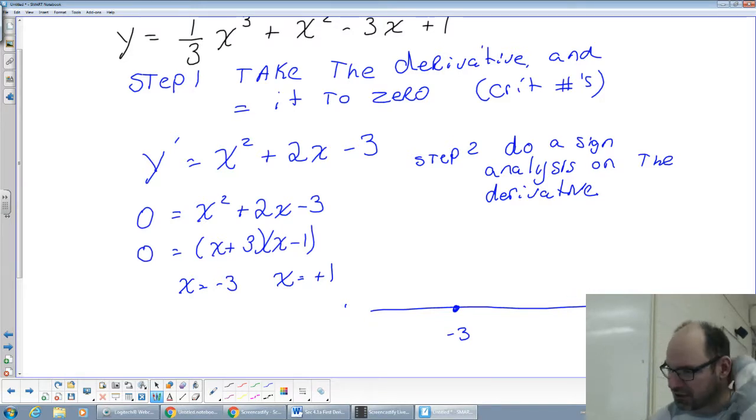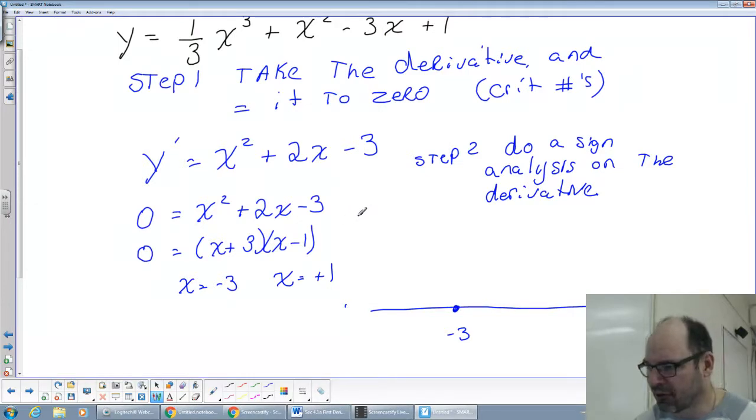So we could just use this whole curve, or we could do the sign analysis of the two factored points. Sometimes you do it with each of the factors, sometimes with the whole curve. What I usually do is each factor so that we can get our 0 points. So let's do it that way first.